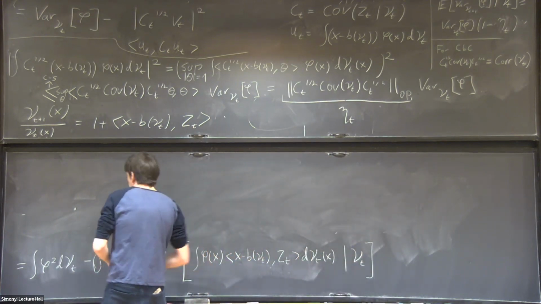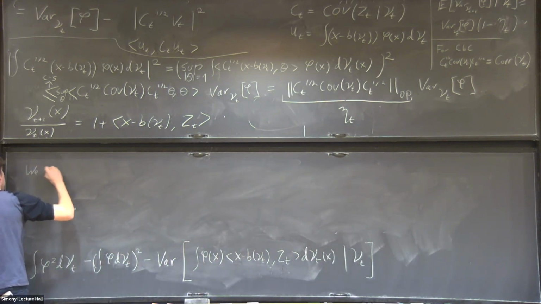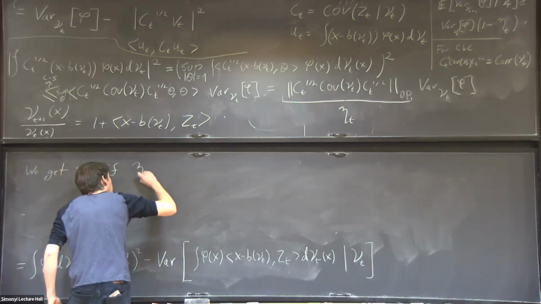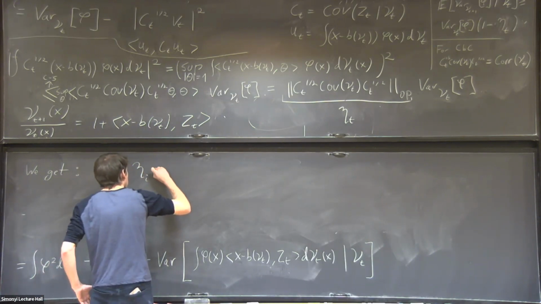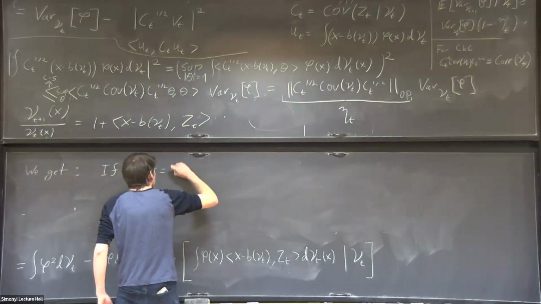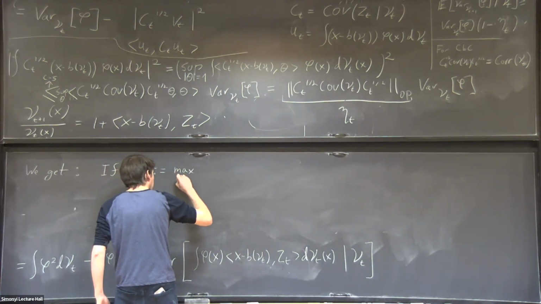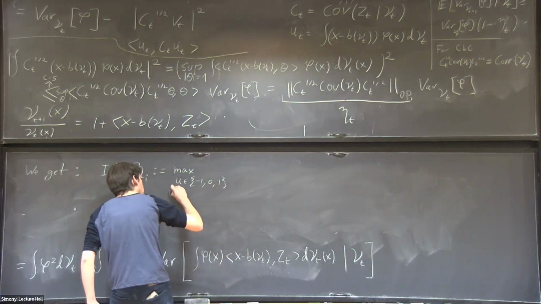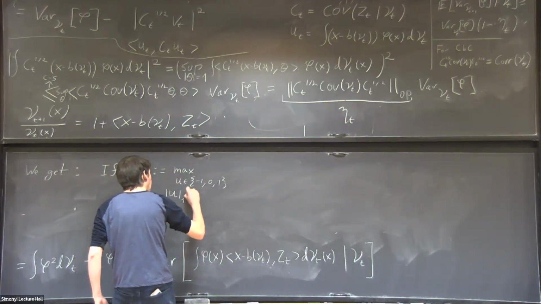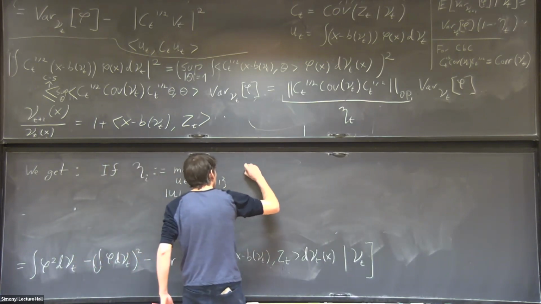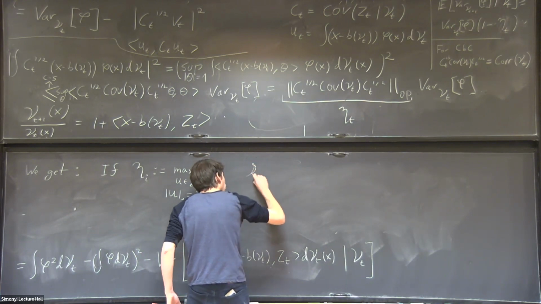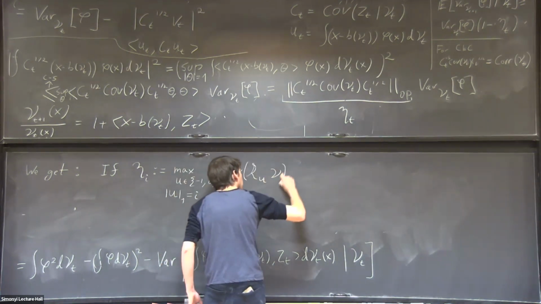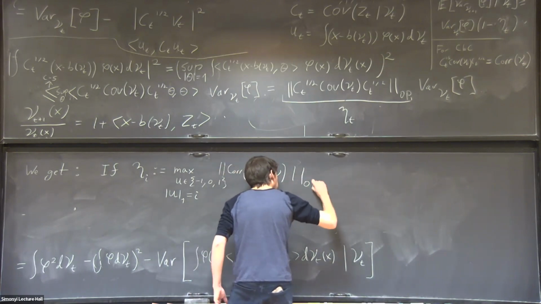And so what we get from all of this is that if eta I is defined as the maximum over all U, I look at all pinnings such that I pinned I coordinates exactly, and I look at the U pinning of my measure and check the operator norm of the correlation matrix.